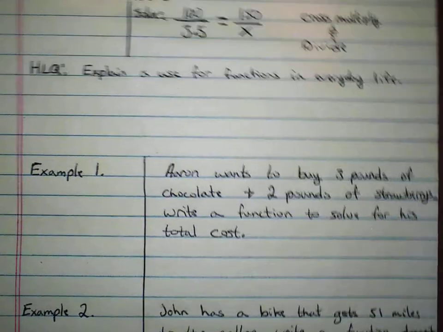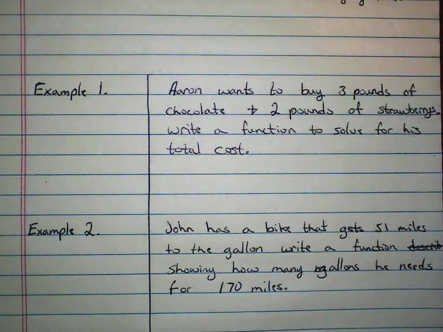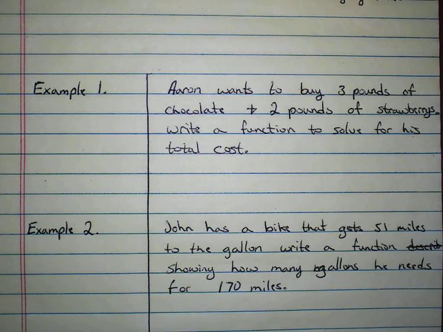Let's look at example 1. Remember, when we're doing anything with word problems, we have to always identify what's important. So Aaron wants to buy 3 pounds of chocolate and 2 pounds of strawberries. Write a function to solve for his total cost. Okay. Well, what is he buying?